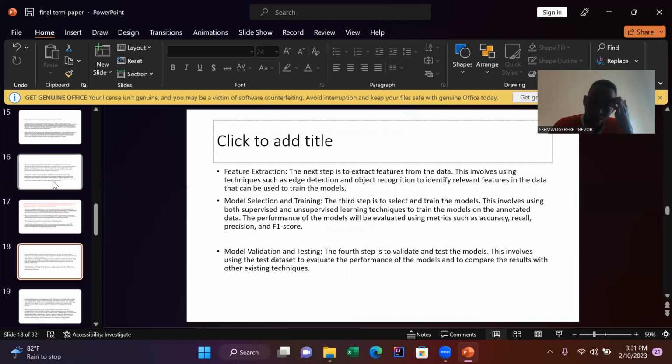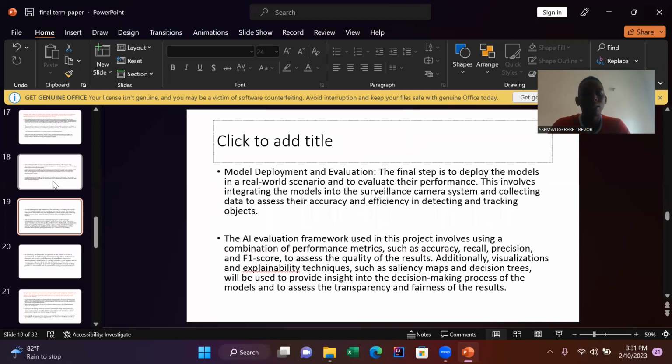Model validation and testing, where we test the data. After validating it, you test it. Then model deployment and evaluation. It is the final step where you deploy the models in a real world scenario and see how they work in the environment.